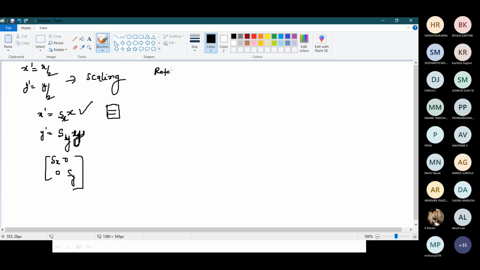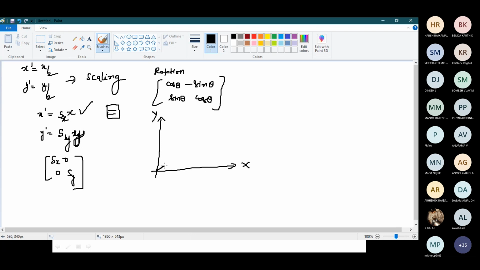Then the next one is rotation. For rotation, the matrix we have seen is cos theta, minus sin theta, sin theta, cos theta. How do we get it? Take these coordinates, and here I have a pixel, and this pixel has been moved.